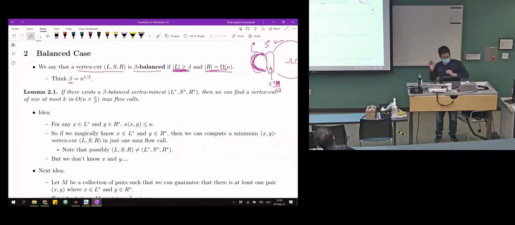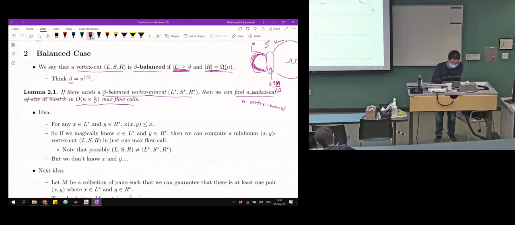Okay, so now this is the claim. If there is a beta balanced vertex min cut, like if there exists just one vertex min cut such that it's beta balanced, then you can find a vertex min cut in this many max flows.